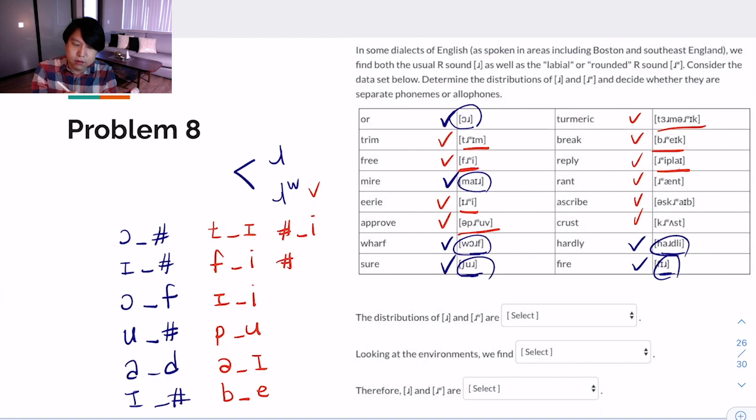Rent, also word initial position. Ascribe, between K and A. Crust, between K and A. So we've found the whole list of all the environments in which these two sounds can exist.